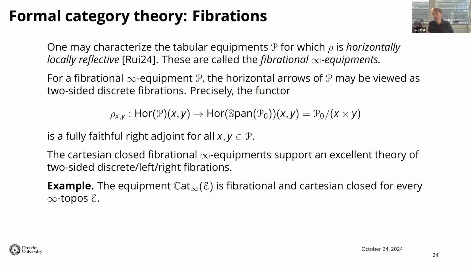Yeah, so for instance, in the definition of the equipment of internal categories, first I want to say that internal categories are defined as simplicial objects. And then if you want to make sense of the composition of internal profunctors, you really have some bar construction formula.